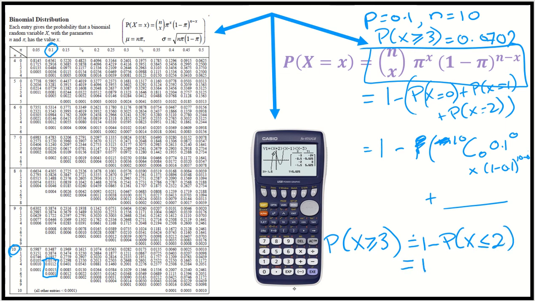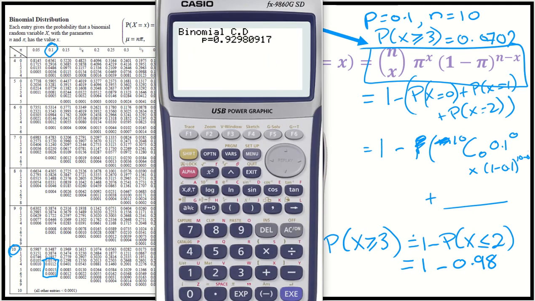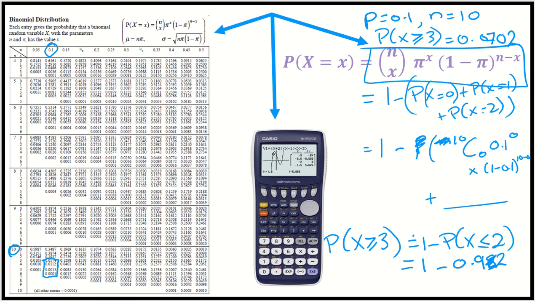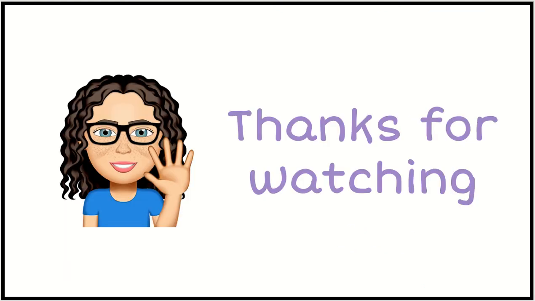So 1 minus that value of 0.9298. And that will give us that same answer of 0.0702. So 3 different methods to be able to get through to the answer. Thanks very much for watching.